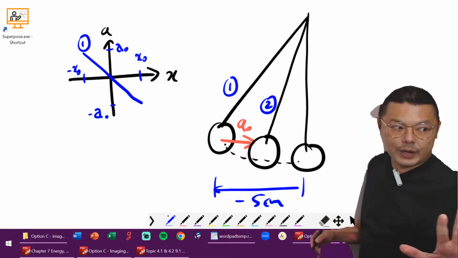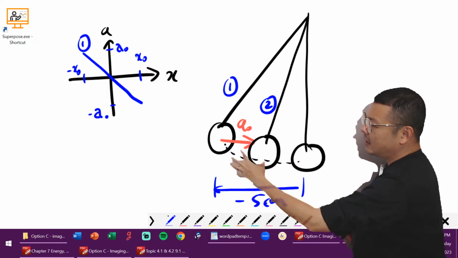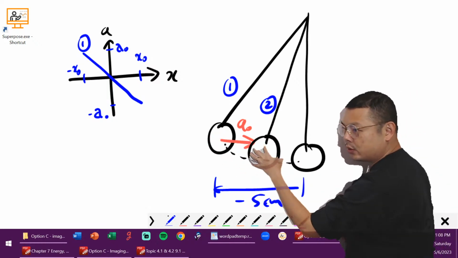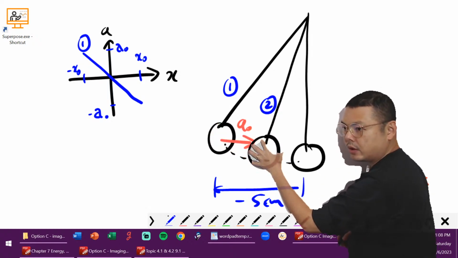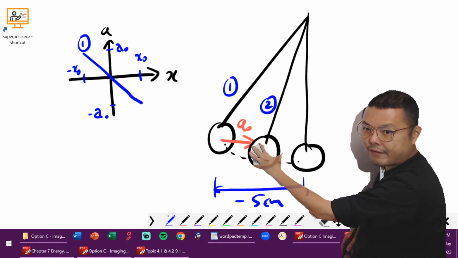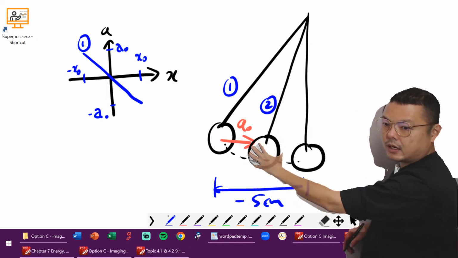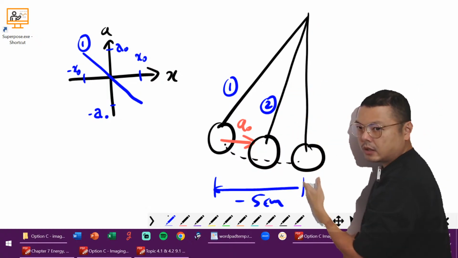Okay, hang on. Wait. I want you all to pay very, very close attention to this. When you move from 1 to 2, your displacement is based on where? Your reference point is based on where? Displacement. Equilibrium position. So you must understand this.